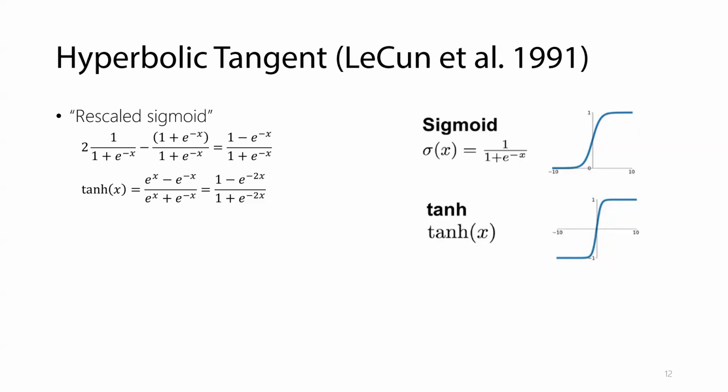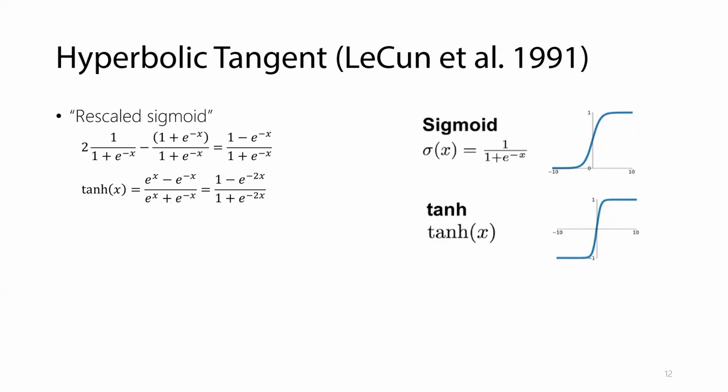You remember seeing this somewhere from your calculus textbook, right? So by definition, this is tanh, and then you will realize this is essentially just 2 times the sigmoid minus 1. I'll leave the proof up to you, but this is essentially it.